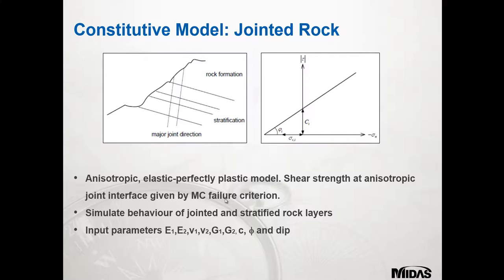So next we're just going to focus on the jointed rock. Within this constitutive model, the anisotropic, elastic, perfectly plastic model, the shear strength at the anisotropic joints interface is given by the Mohr-Coulomb failure criteria to simulate the behaviour of joints and the stratified rock layers.